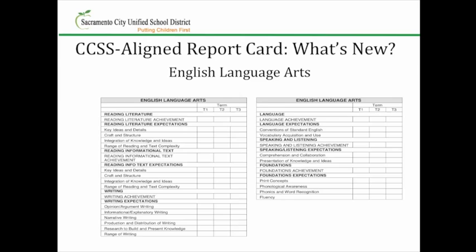For example, on this sample report card, you see Reading Literature Achievement, Reading Informational Text Achievement, Writing Achievement, Language Achievement, Speaking and Listening Achievement, and Foundations Achievement. These lines all receive a numeric grade, or a 4, 3, 2, or 1.